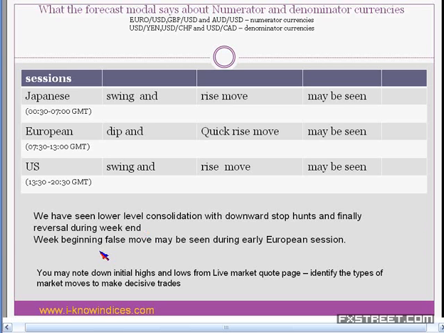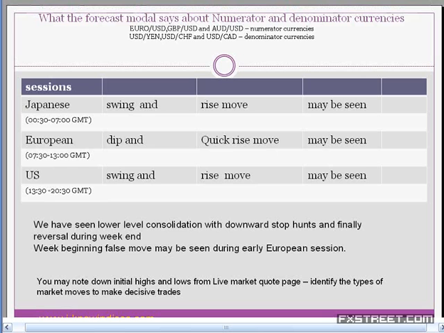on Monday. So big beginning false move may be seen during early European session, and afterwards they are expected to make the gaining moves in the case of Euro and GBP, and it may not be because of any positive news from Europe or positive news from Great Britain and things like that.